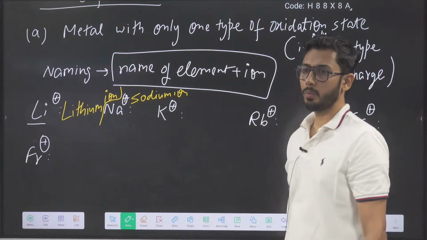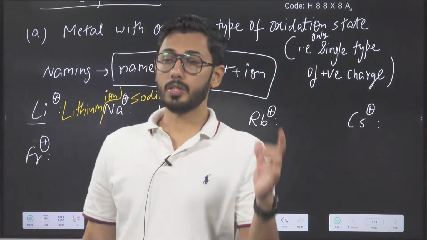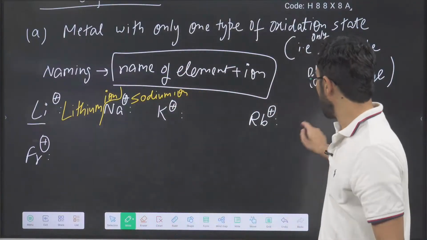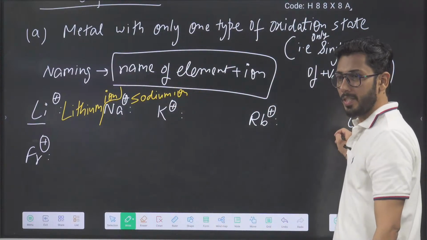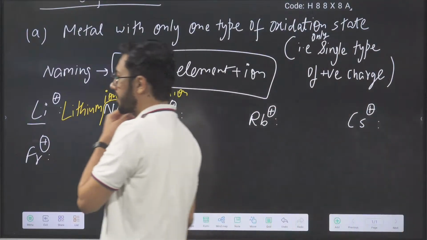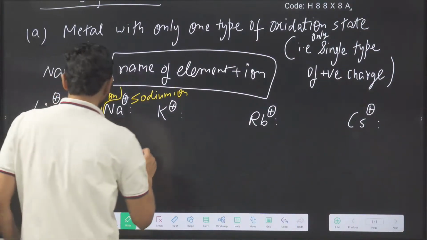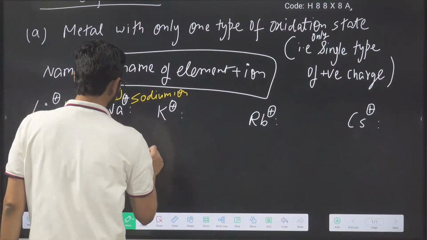Write the same way for the others: K plus, potassium ion; Rb plus, rubidium ion; Cs plus, cesium ion; Fr plus, francium ion. Although this is radioactive and we do not use it generally, for the theoretical part I am writing it. Similarly, write more.